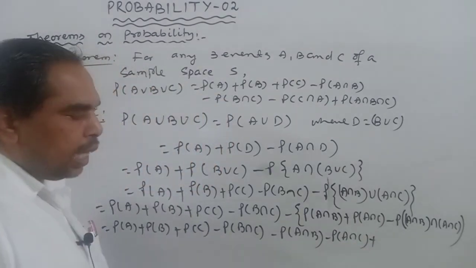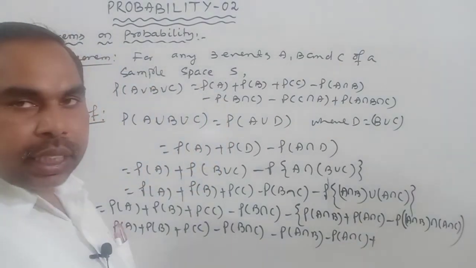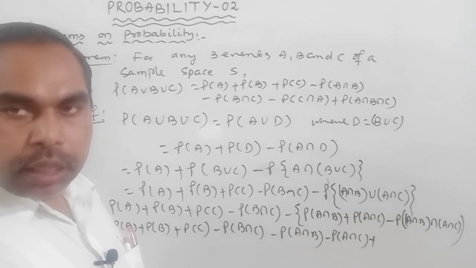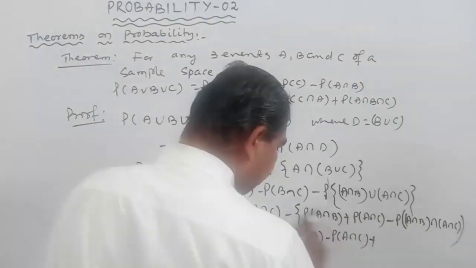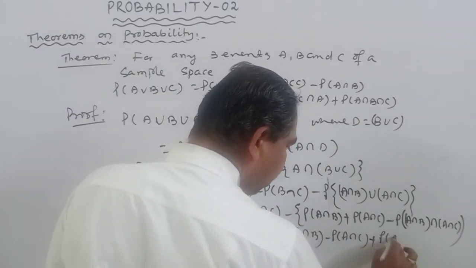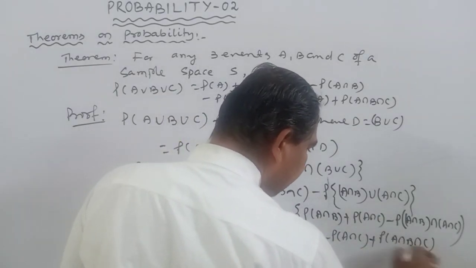A intersection B intersection A intersection C means A intersection B intersection C. So this is minus minus plus P of A intersection B intersection C.